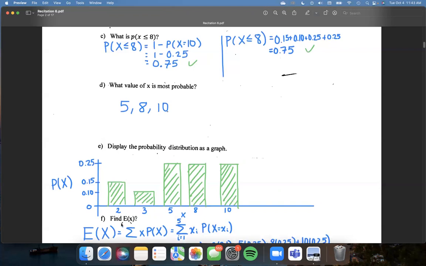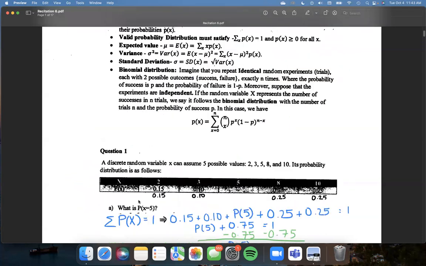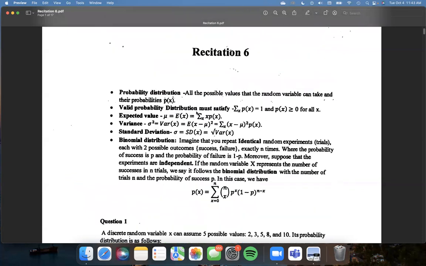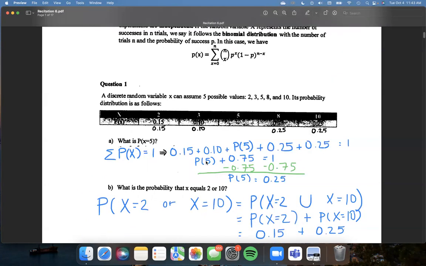Next, we're going to want to find the expectation of x. Here we were given the expected value, which is the sum over our x's of x times p of x.